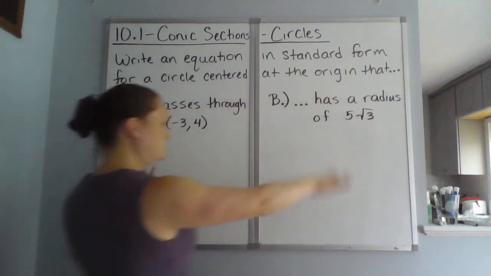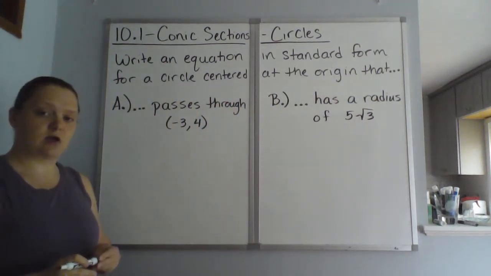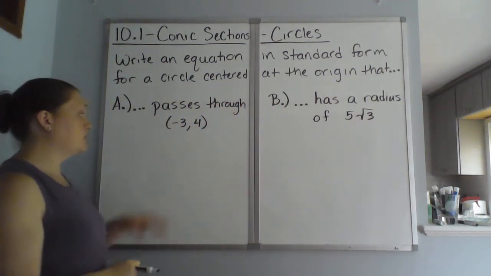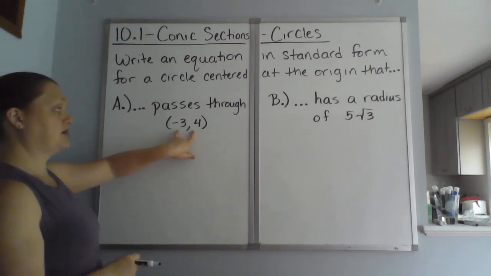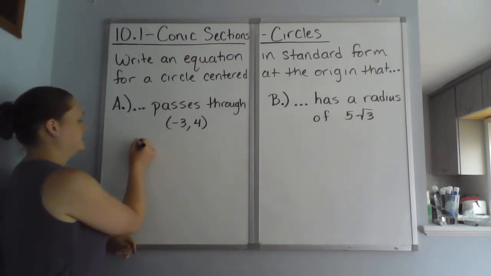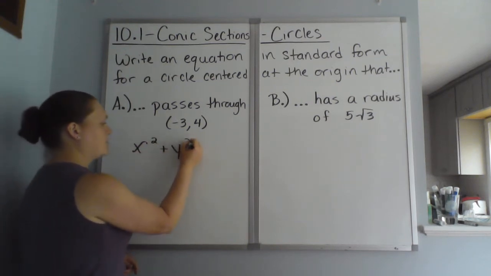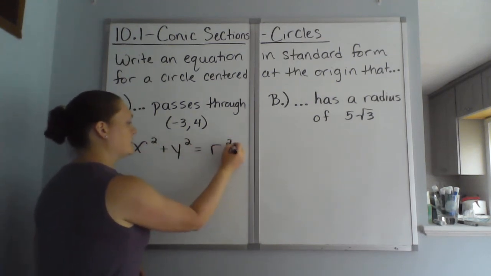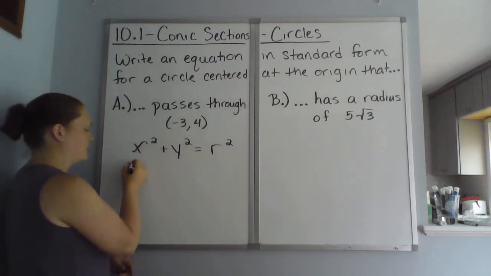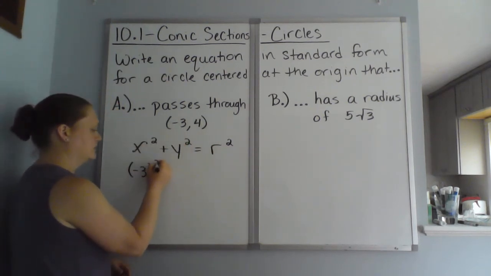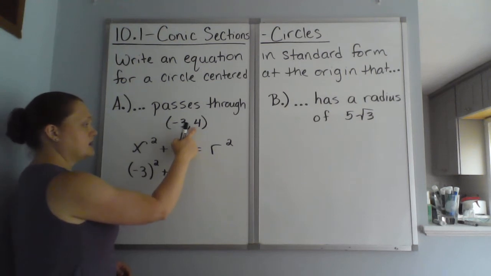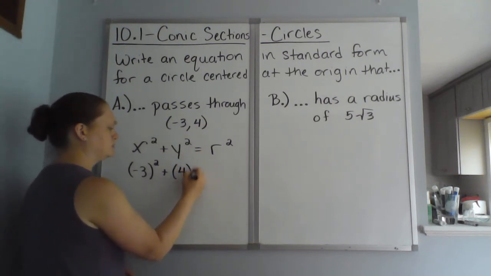Okay, so we're going to write 2 separate equations here. For part A, we're going to use this xy point to write an equation. Now we know that standard form is x squared plus y squared is equal to the radius squared. Well, this is x, so I can replace x with -3. This is y, so I can replace y with 4.